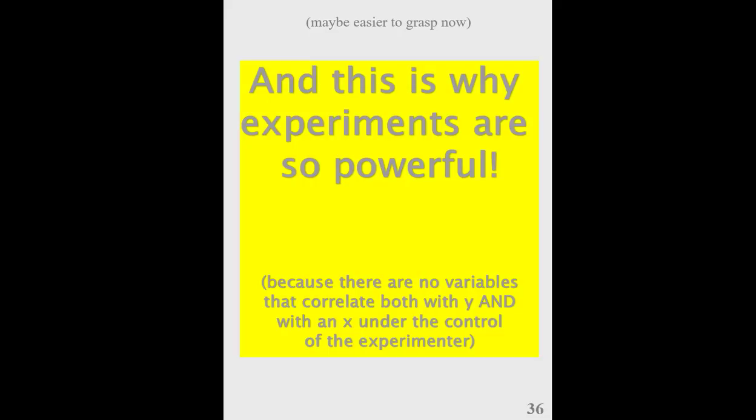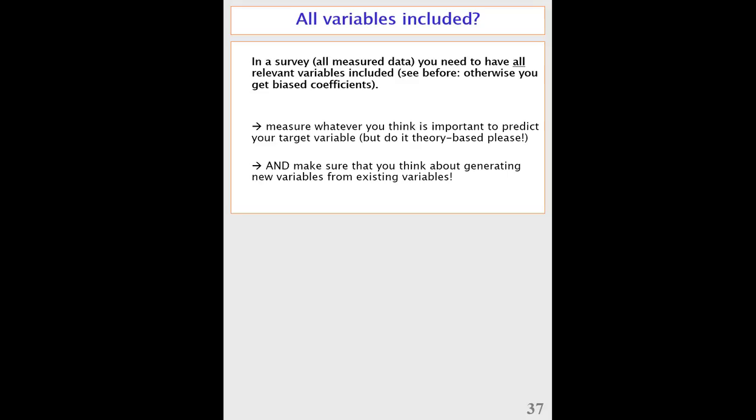Relatively okay means, well, if I'm interested in the experimental manipulation, I generally need not bother so much with measuring other variables that might also predict the target variable. However, for surveys, it is a bit more problematic. There I need to think for a long time. And actually you have to think up front, especially if you collect it all yourself, whether or not all the variables that you need are included.